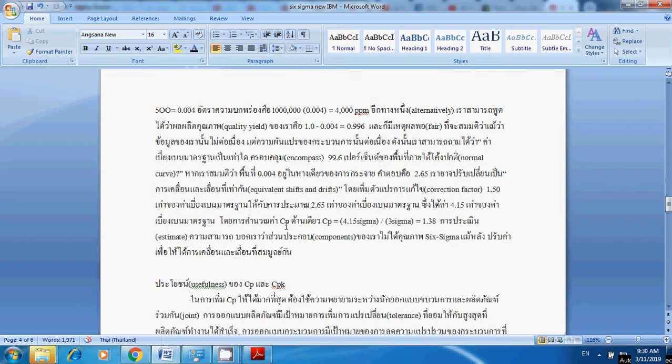Calculating the one-sided CP equal to 4.15 sigma divided by 3 sigma gives 1.35.